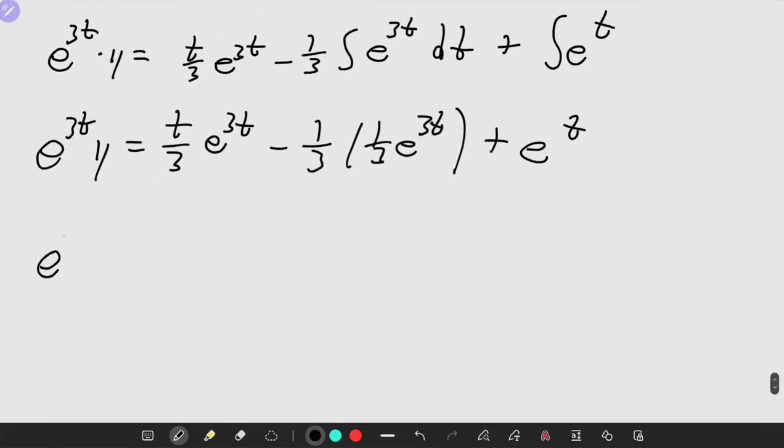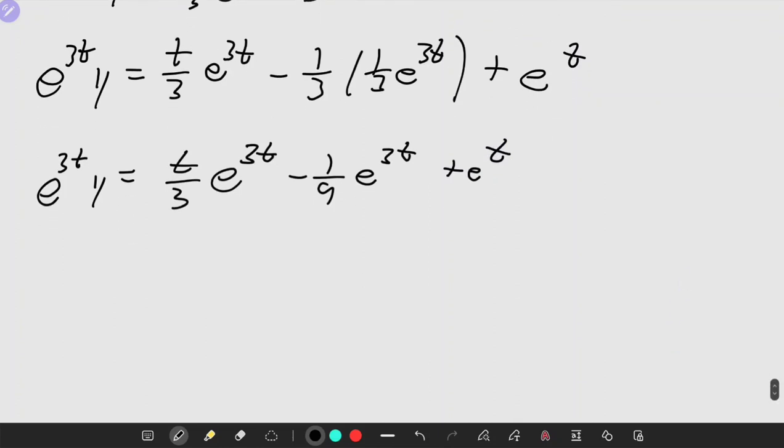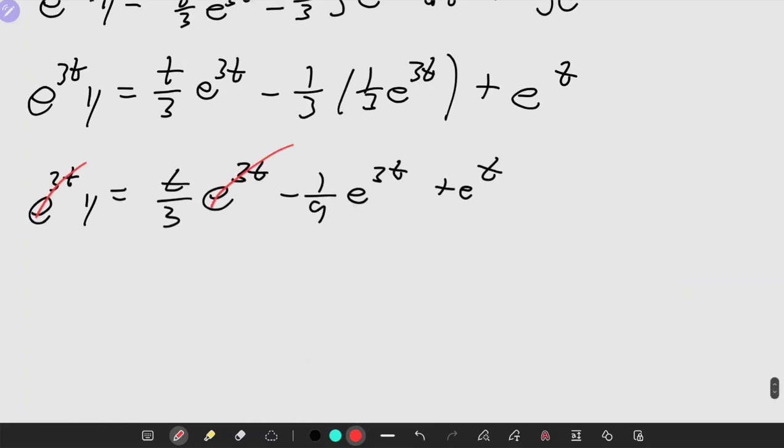This becomes e to the 3t times y is equal to t over 3 e to the 3t minus 1/9 e to the 3t plus e to the t. It's a lot of e's. Now, we can divide by e to the 3t, so this will cancel with this.